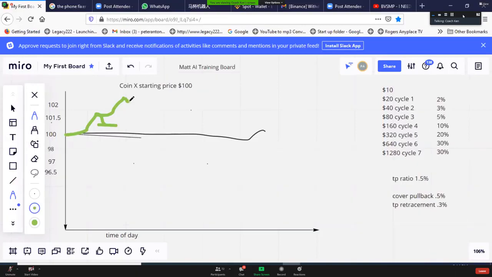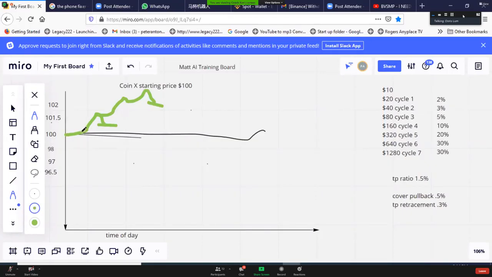If it keeps going up, and then it retraces 0.3, right here we sell. And that's how you exit the trade. Okay, that's the beginning part. As soon as you buy the coin, it can go up, and then it'll close the trade on a 0.3 retracement after it hits 1.5% of the price. Does that make sense, Doris?